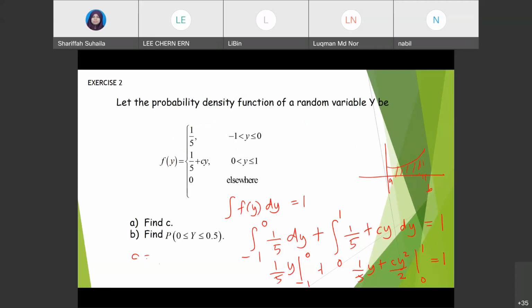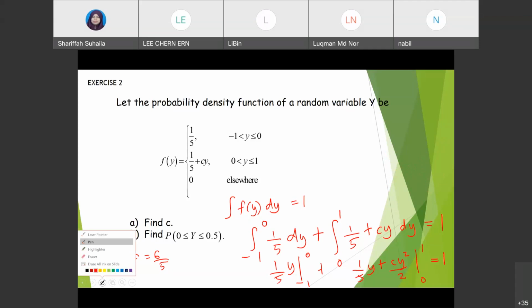Okay, now you use the value C equal to 6 over 5 to find the probability between 0 and 0.5. Try to solve it.